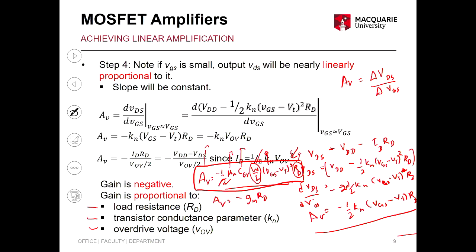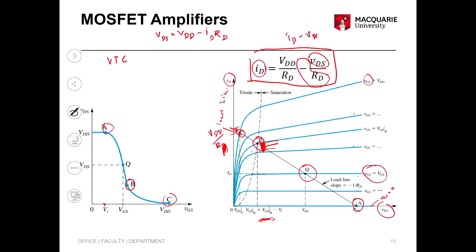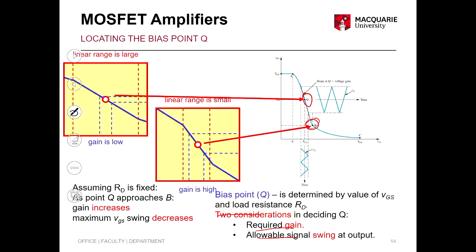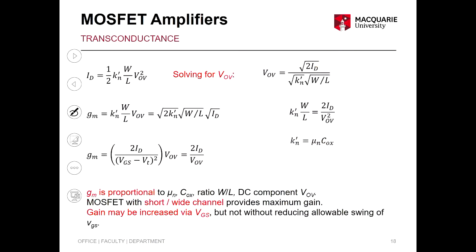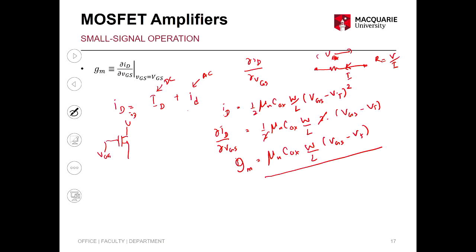So the voltage gain depends on RD and the transconductance parameter. We can find the transconductance parameter as long as we know our biasing VGS, and then we can find the gain of the whole circuit. So you might get a question in the exam. I'll do some sample questions to find this GM. You have to know this equation, but obviously it's open book, so you can bring the books. You don't have to remember it.